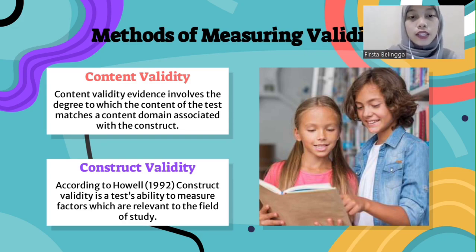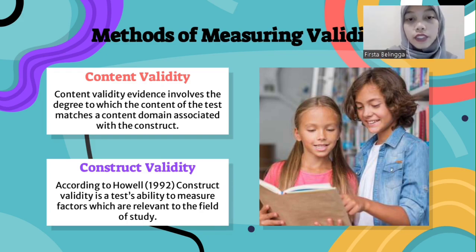Well, there are methods of measuring validity. The first one is content validity. The evidence of content validity is a judgmental process that has a systematic procedure which arrives at judgment. The important components are the identification of behavioral objectives and construction of a table of specifications.